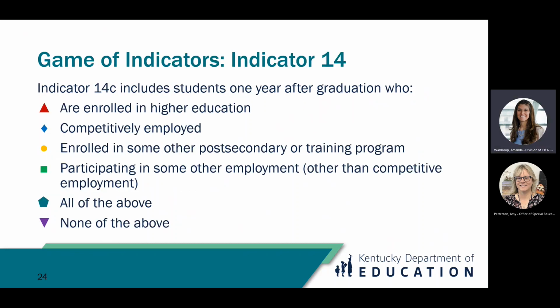Indicator 14C includes students 1 year after graduation who are enrolled in higher education, competitively employed, enrolled in some other post-secondary or training program, participating in some other employment other than competitive employment, all of the above, none of the above. And so the answer to this one is all of the above.